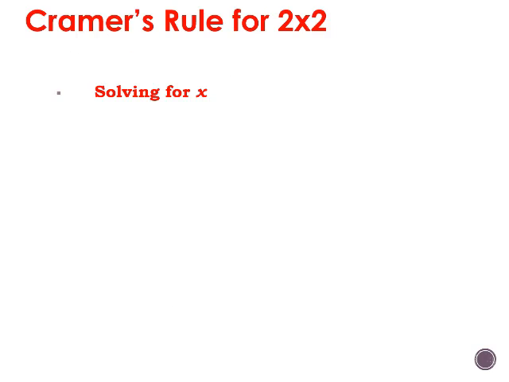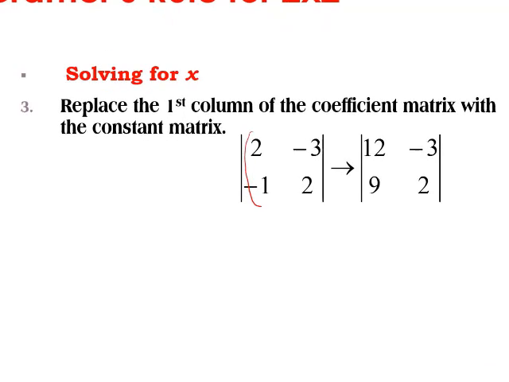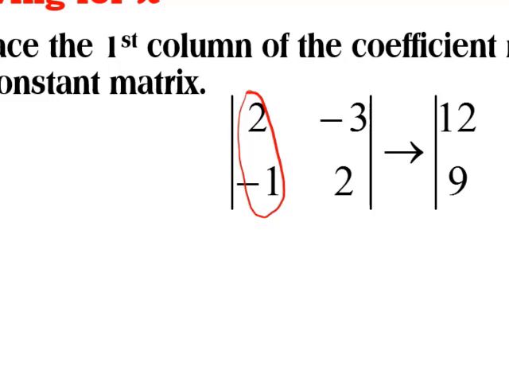Here we are. We continue with Cramer's rule for a 2 by 2 matrix. Now solving for X, we replace the first column of the coefficient matrix with the constant matrix. Very good. As we can see, the first column has been replaced. That is, 2, -1 has been replaced.